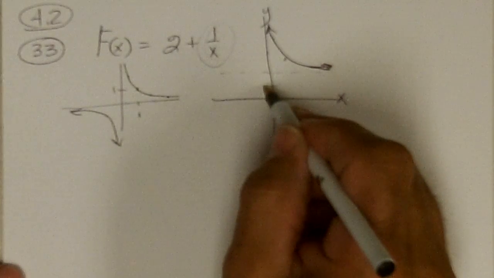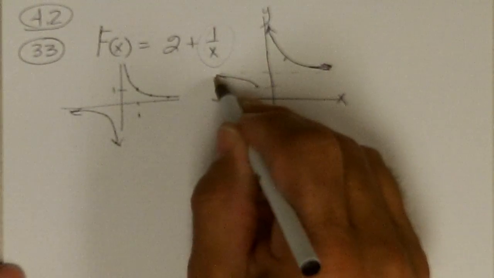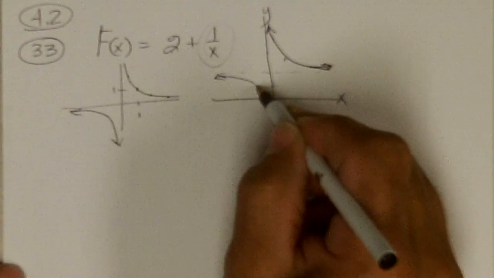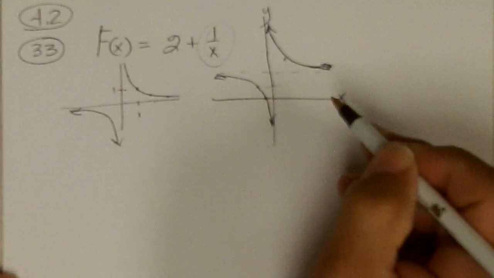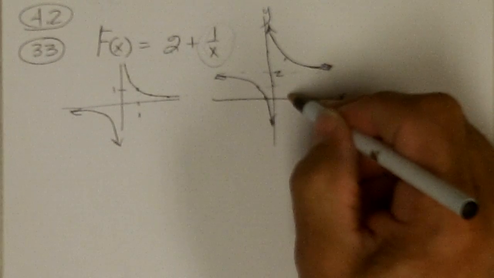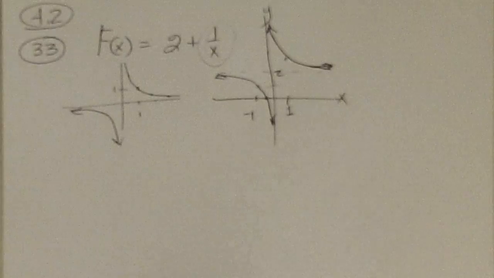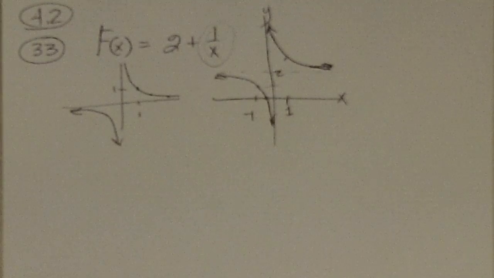It would also go over 1, 1, through that point and go like this, and go through a negative 1/2 here and go down like that. So that's 2, and this is 1. This is minus 1. And that's what that looks like.